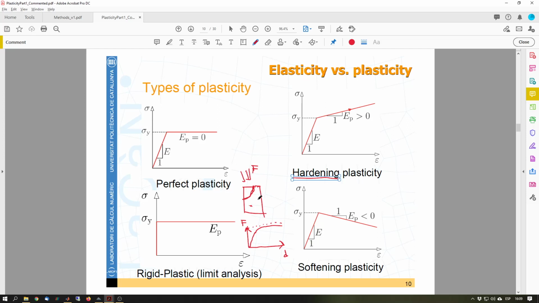So in soil mechanics, this is very much used. We won't go into this type of behavior or analysis, which is another simplification.